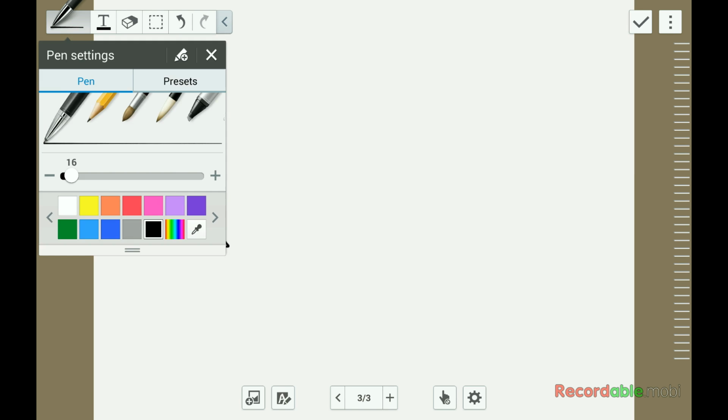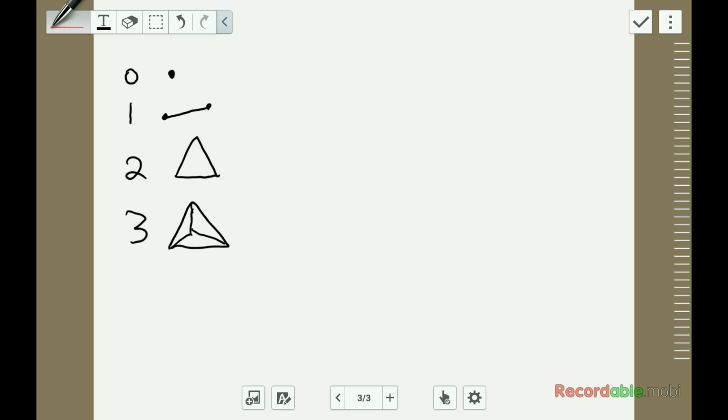So what do these shapes have in common? Well, the 0-dimensional one just has one point. The 1-dimensional one has 2 points, connected as much as possible. The 2-dimensional one of these has 3 points, each connected to each other.